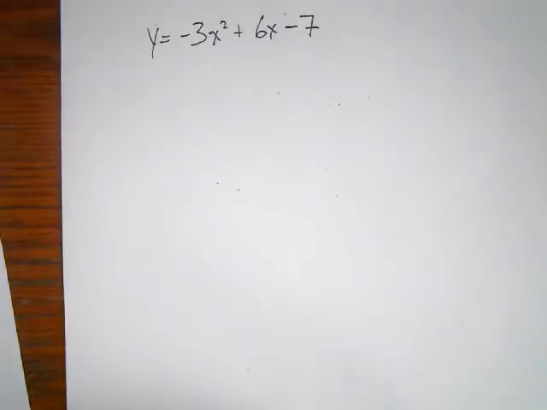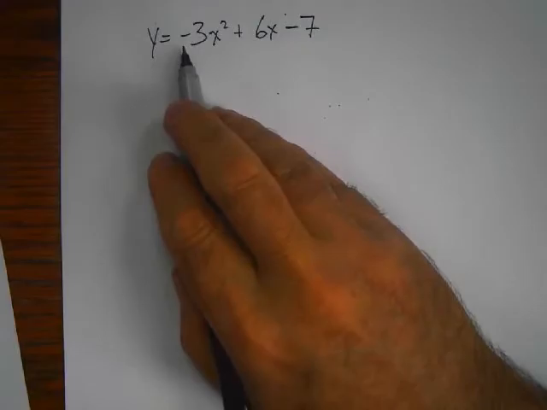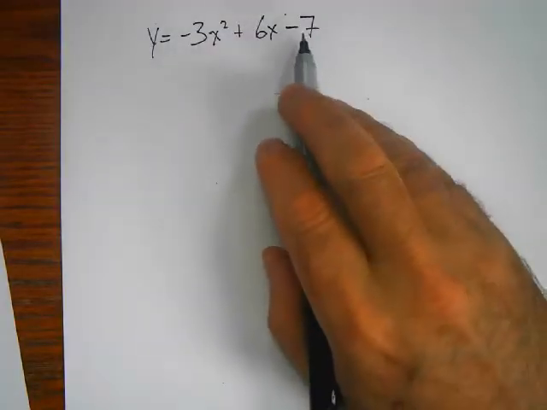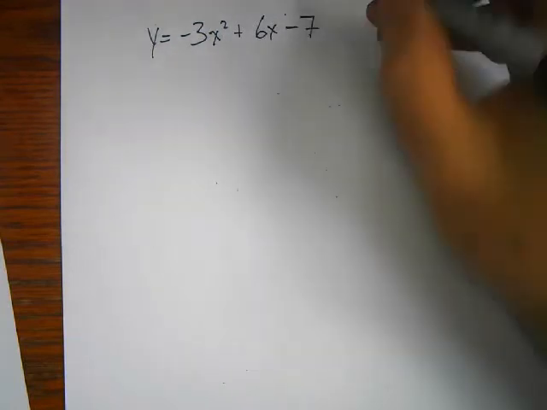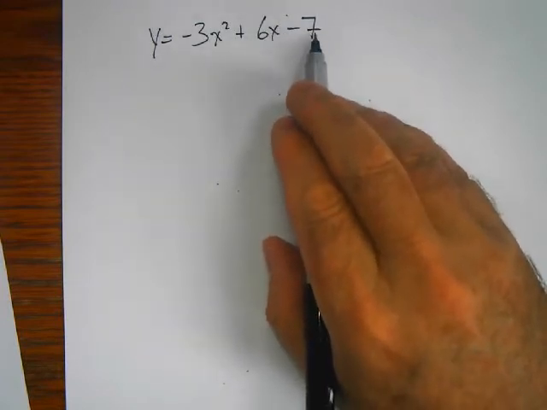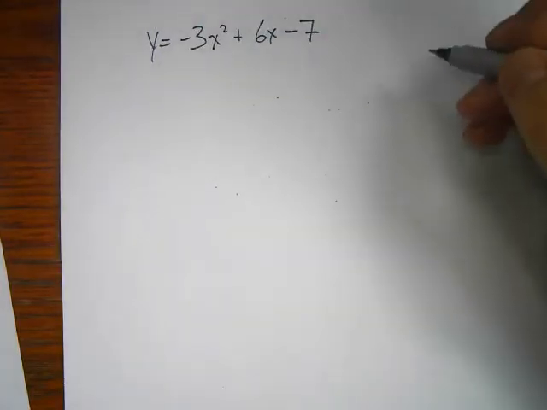So I have no idea what that parabola looks like. I do know that it opens down, but I don't know much more than that. Well, that's a bit of a lie. I also know that c value is the y-intercept. We haven't talked about that a lot, but I do know the y-intercept's -7, that it opens down, but in terms of x and x-intercepts and vertex, don't really know much about it.